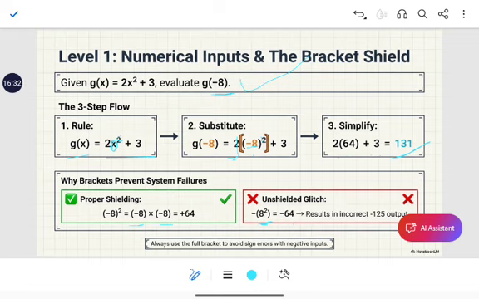Always use the full brackets to avoid sign errors with negative input. Please pay attention. Put your negative values in brackets. Very important. Put all your x values in brackets to help you with your solution.